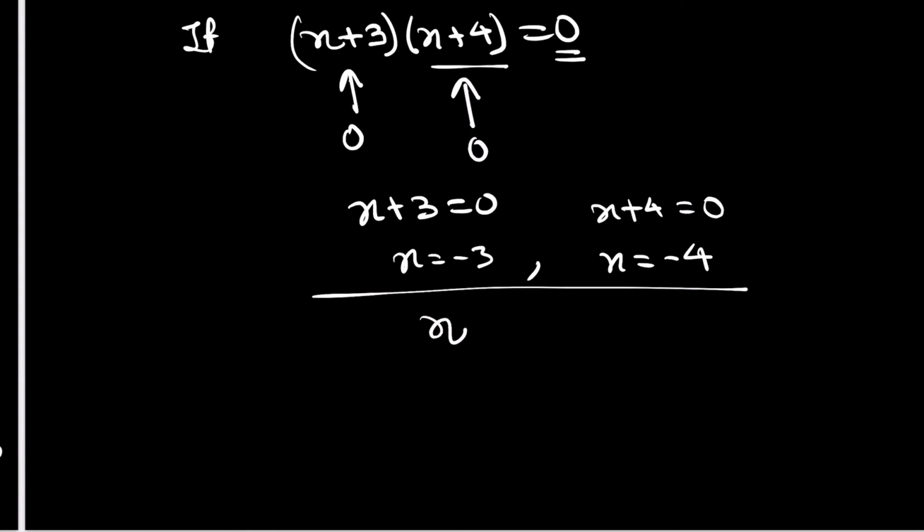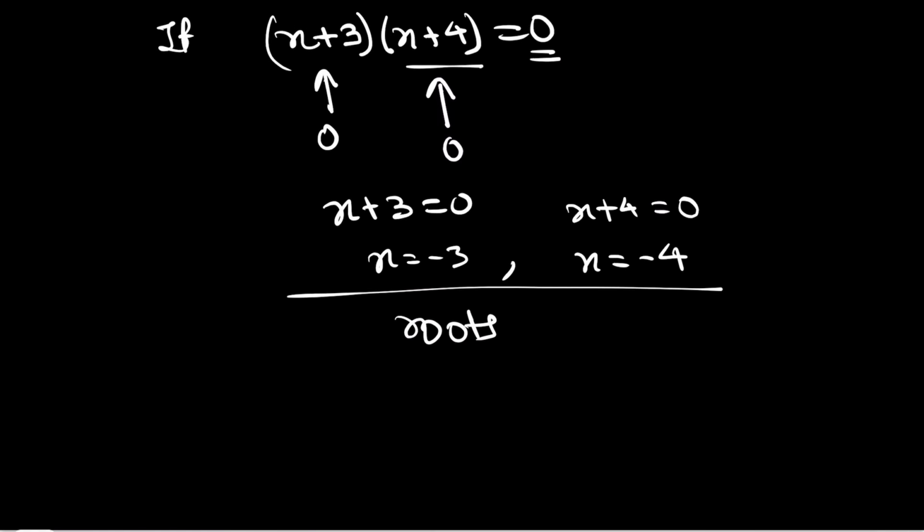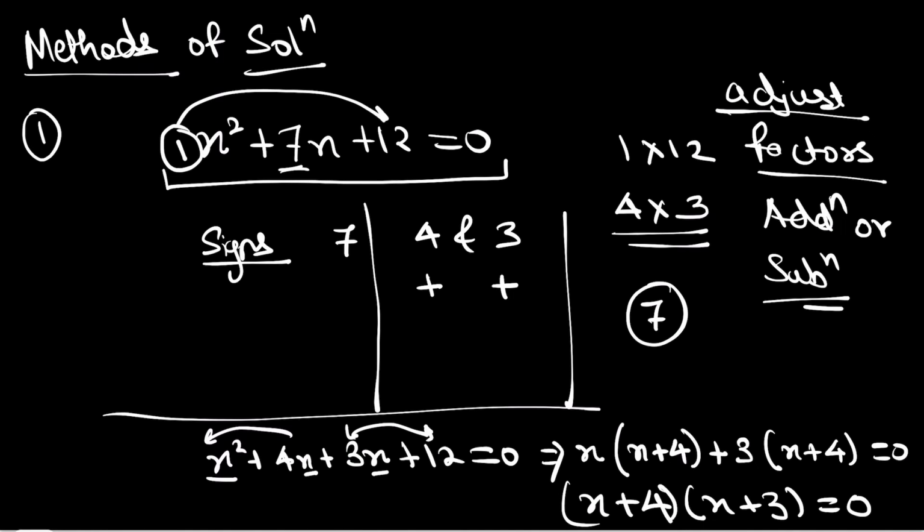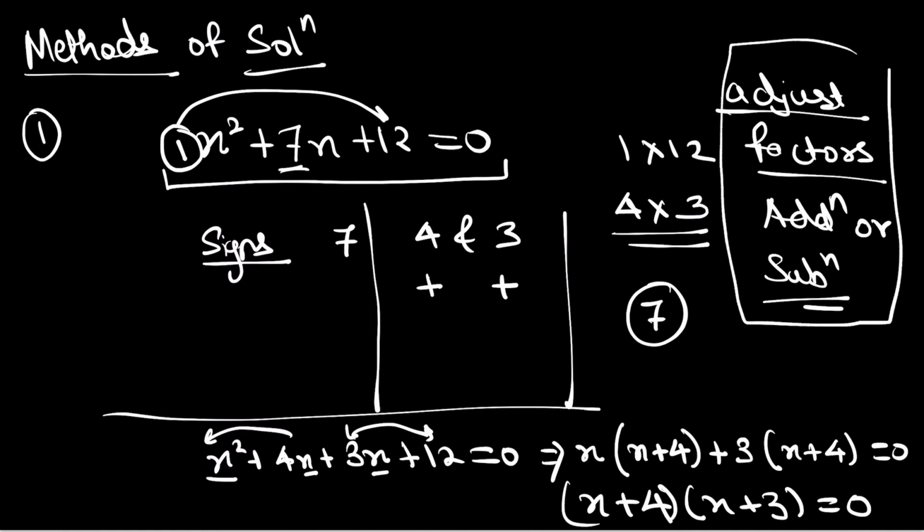These are the roots of the equation. I hope up till this point it's clear. This adjustment of factors, to get the addition or subtraction giving the b term, is very important.